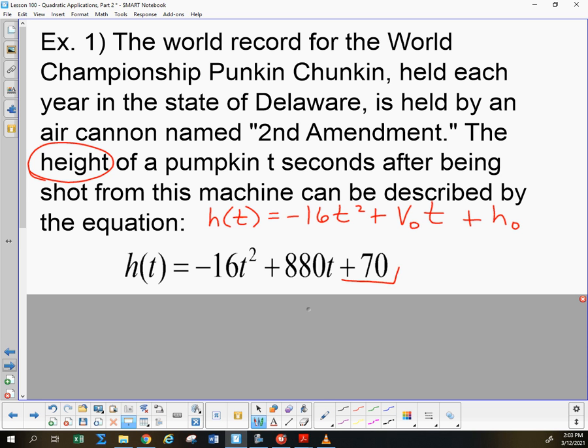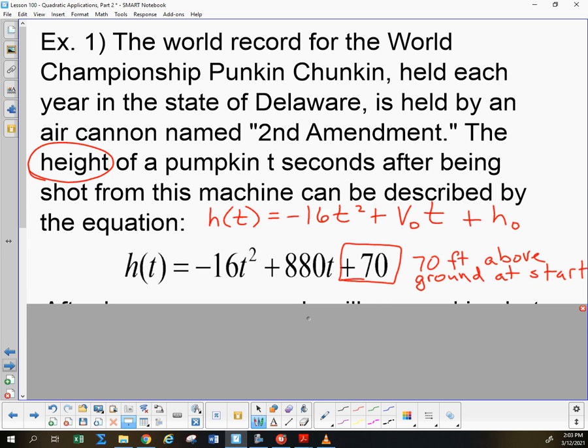So that tells us that it started off 70 feet above ground. These are gigantic cannons that shoot these things. This also tells us that we had an initial vertical velocity of 880 feet per second.